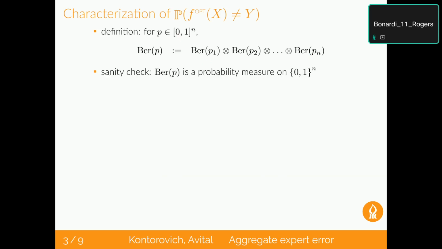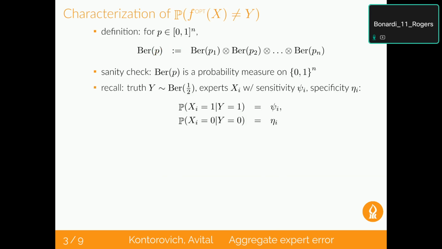That gives us a joint probability measure on n bits, a measure on the discrete binary hypercube. It's a product measure. So any vector of n numbers between 0 and 1 induces a product measure on the binary hypercube, like this.